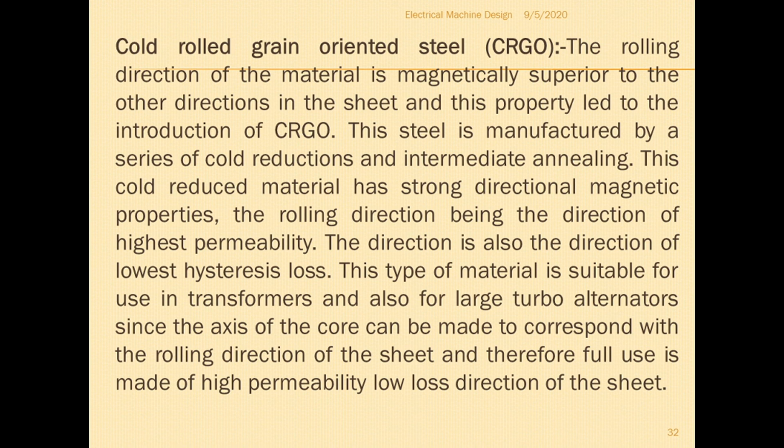The rolling direction is the direction of highest permeability, and it is also the direction of lowest hysteresis loss. This type of material is suitable for use in transformers.